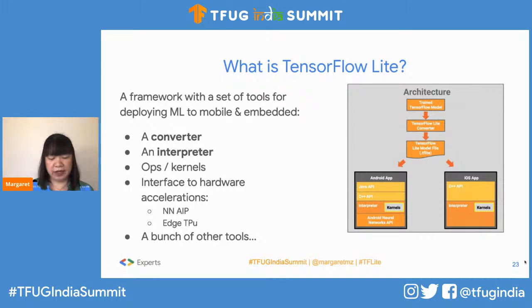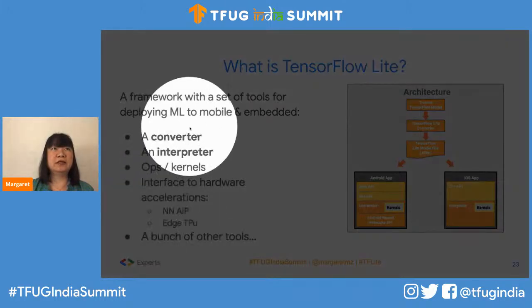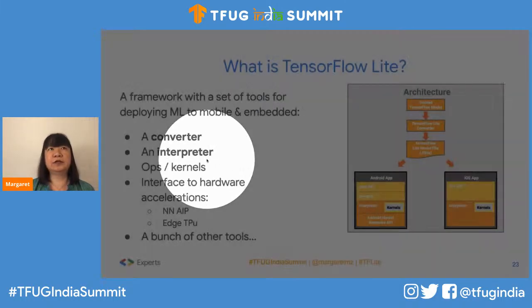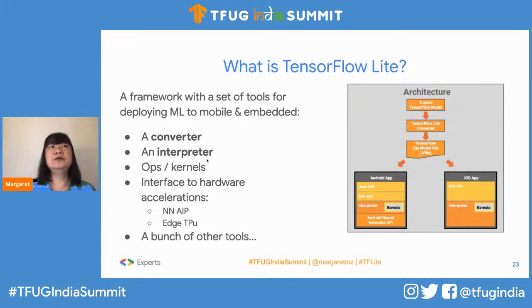So it has these four components: the converter that you use to do the model conversion to the .tflite format, and the interpreter. Once you create a TF Lite model, you can run the interpreter in a Python script or Jupyter Notebook or Colab Notebook to validate that your model is working as intended after the conversion.